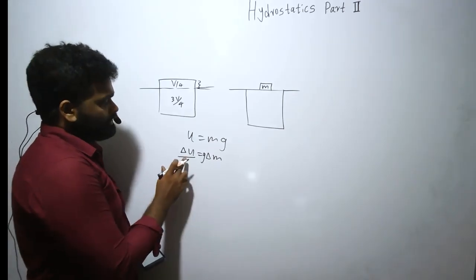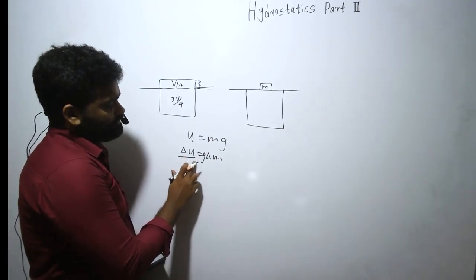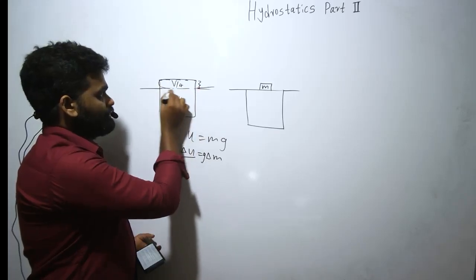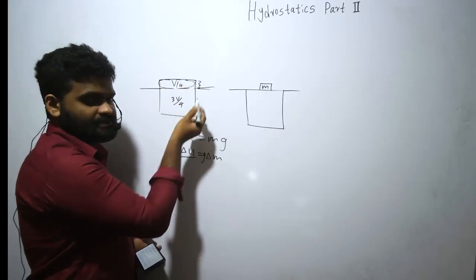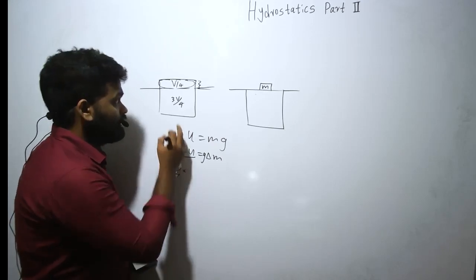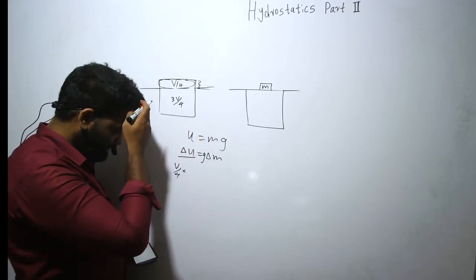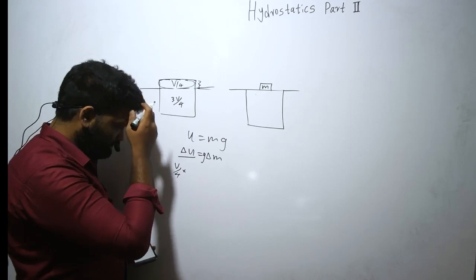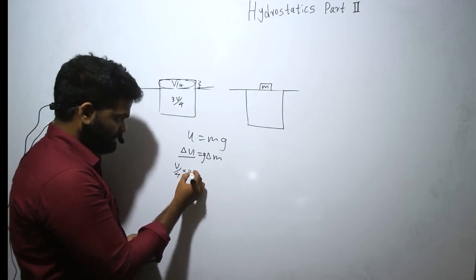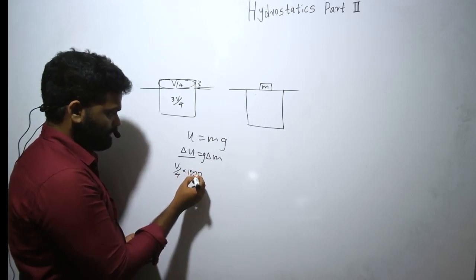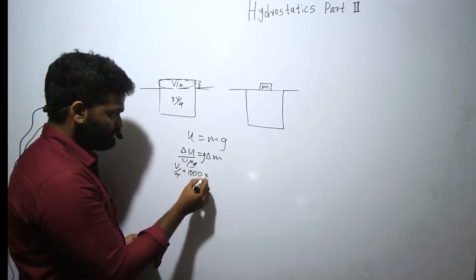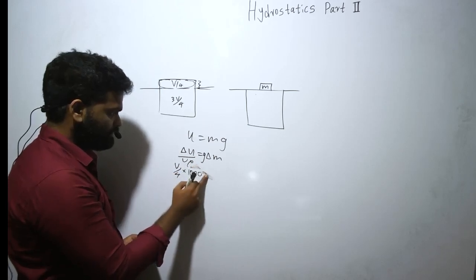Okay. So increase of upthrust. What is that? It is related to this amount, right? This is the further immersed amount at the second case. So that is V over 4. Density of liquid, is it given? It is, they have given that as water. So this is V rho g, right? Only rho is enough.